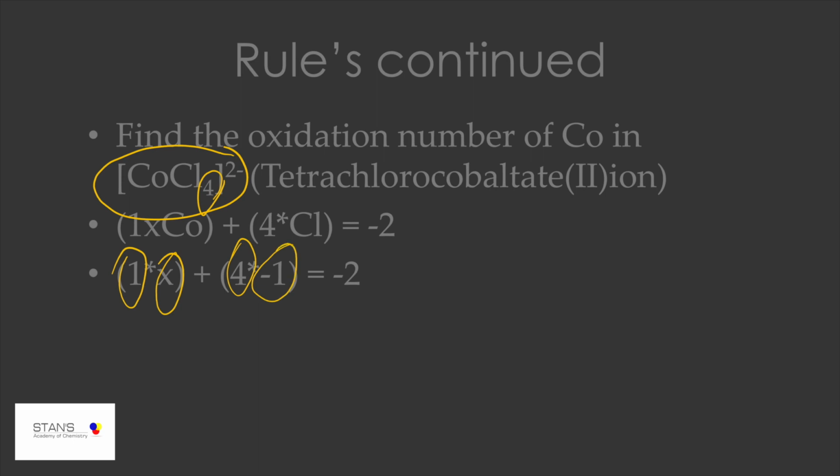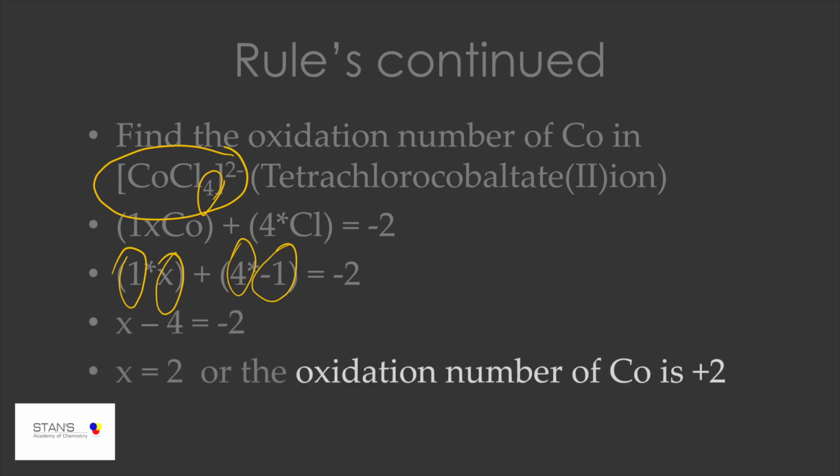So we can say X minus 4 is equal to -2, or X is equal to +2. The oxidation number of cobalt is +2. So we can determine the oxidation numbers of metal ions in complex compounds using algebraic addition based on the common valencies of the elements that are forming the complex ion.